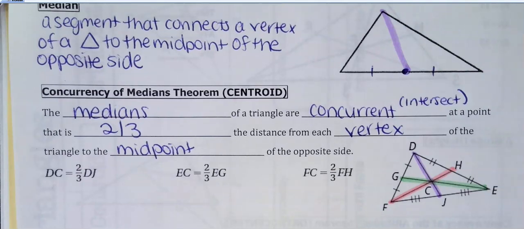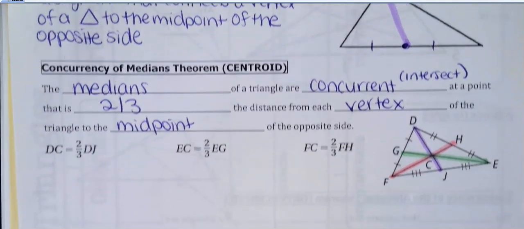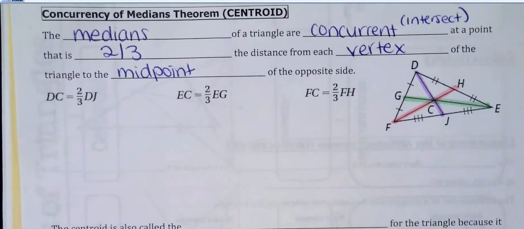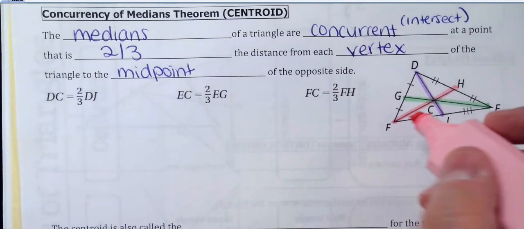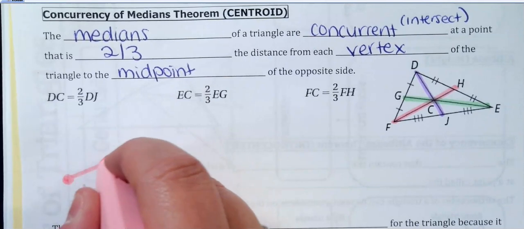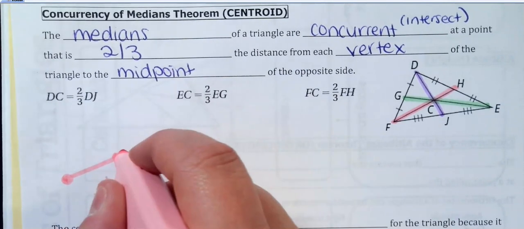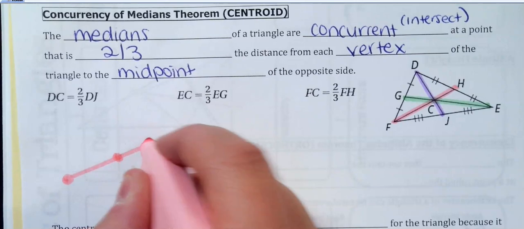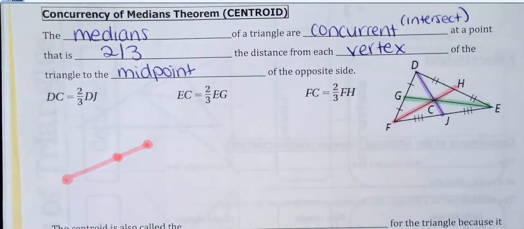So I'm going to draw you a little picture to illustrate that. I'm just going to grab one of the medians out of the diagram, the one that goes from F to H. F is the vertex, and I'm going to draw a little bit longer line and then a little bit shorter line to represent this, trying to mimic the drawing there.